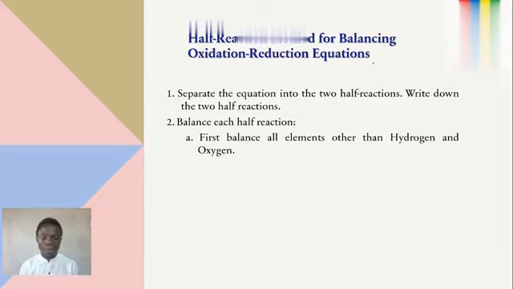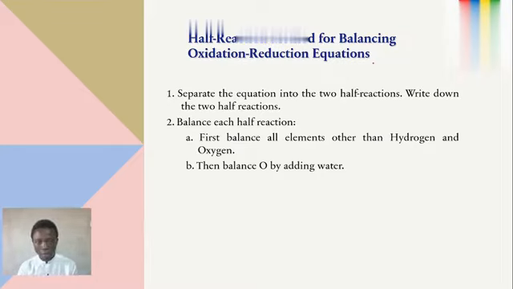How do you do that? You balance them by first balancing all elements other than hydrogen and oxygen. Any other elements involved, you balance them first. After that is balanced, you balance the oxygen by adding water. Where we have oxygen, you are going to add water there. Are we together? Good.